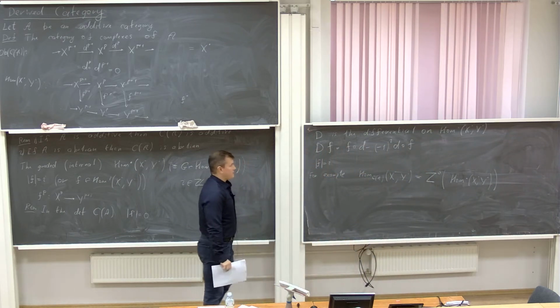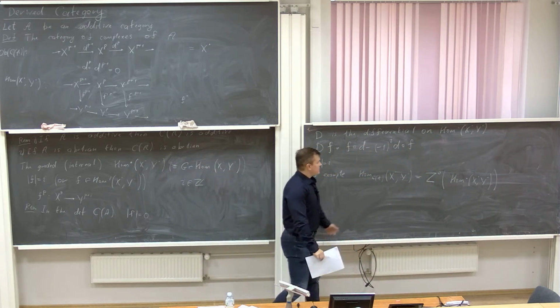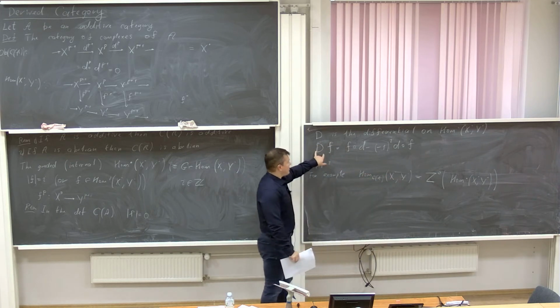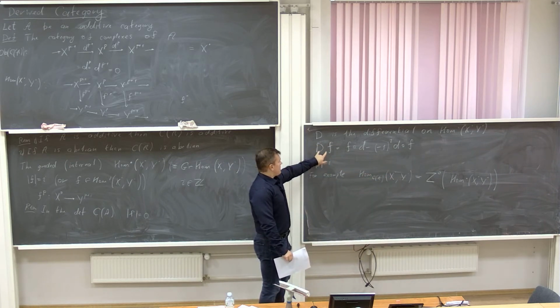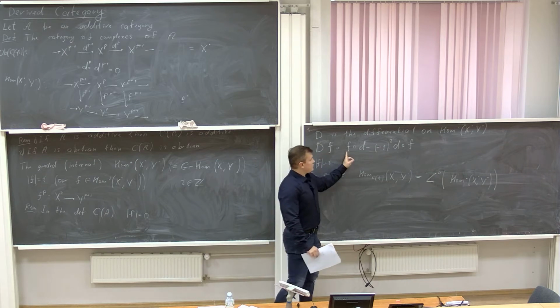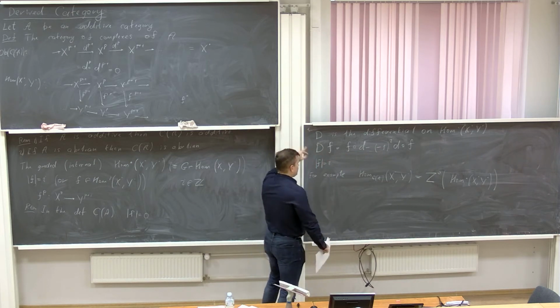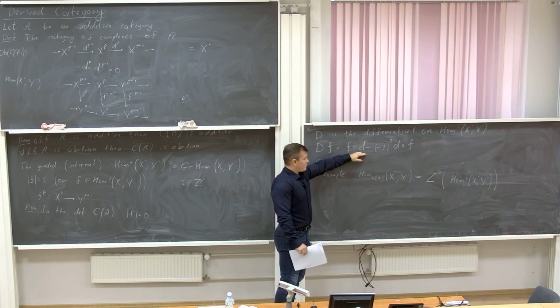Just by definition. So in the Z0, this will be everything in the kernel of this map, but the condition that F is in the kernel of this map is exactly the condition that the square is commutative. F commutes with the differential.